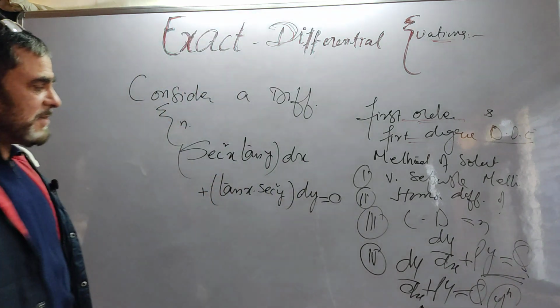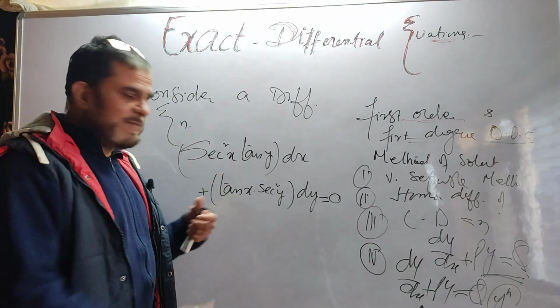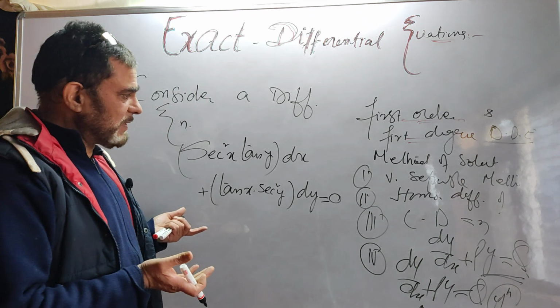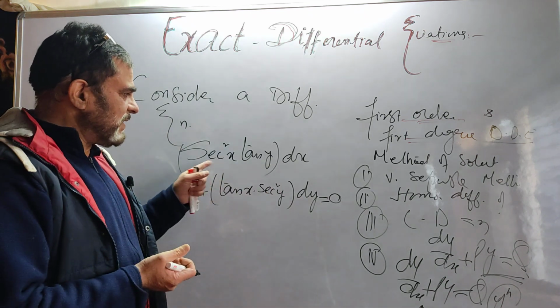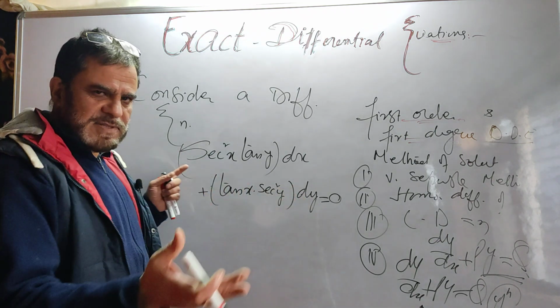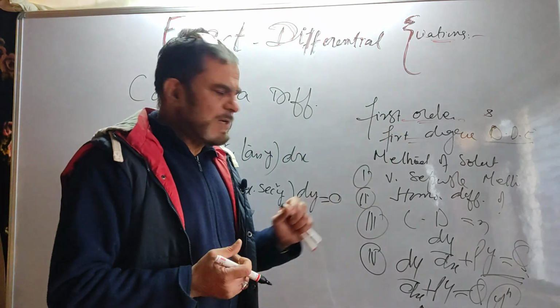You can easily solve this differential equation by the variable separable method. With dx you take the x terms, and with dy you take the y terms, then integrate both sides and add a constant on one side. This is the variable separable method.